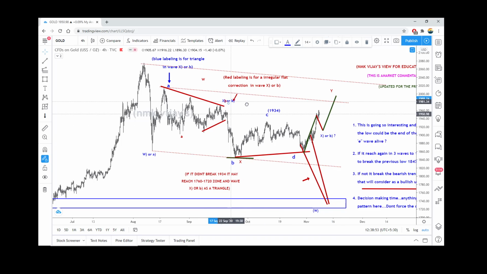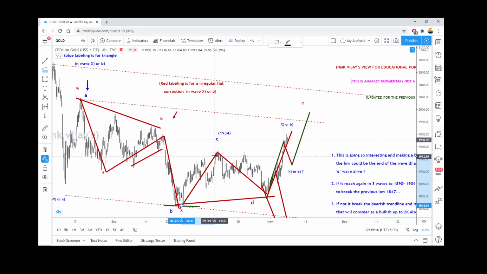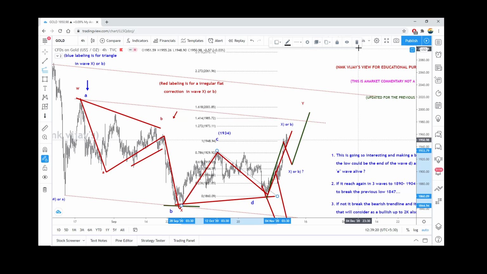But here is the end of the X wave. Here is the W. So this is the intermediate wave, A, B, C. Here also A, B and C, and according to that fib expansion, AB is equal to CD pattern it did.